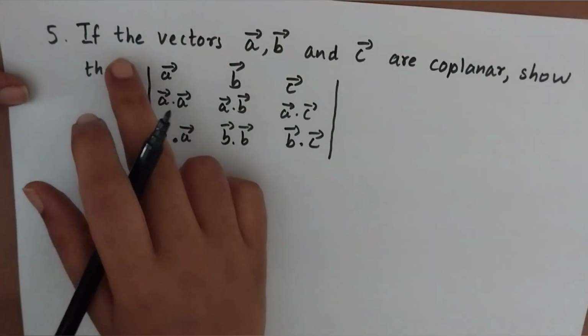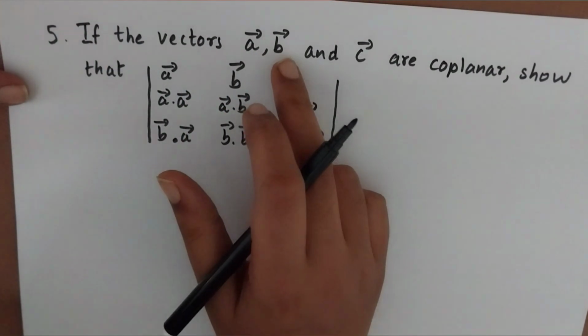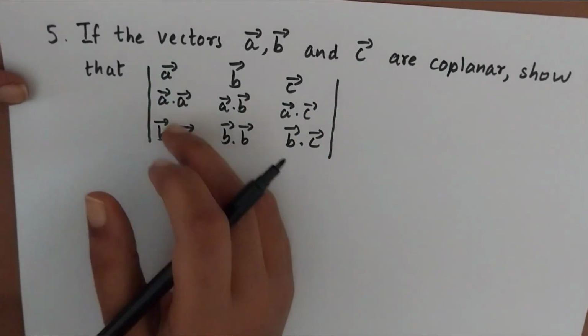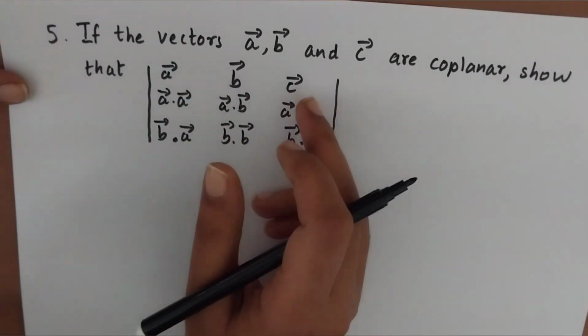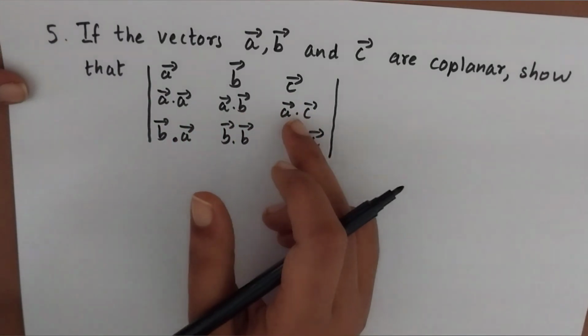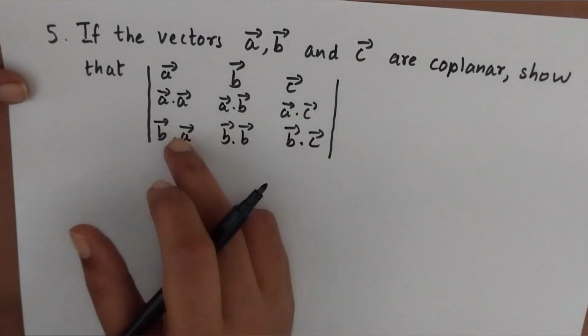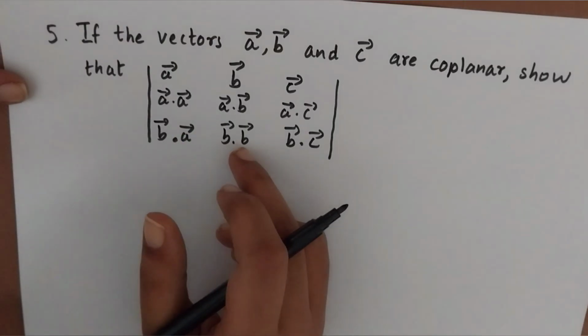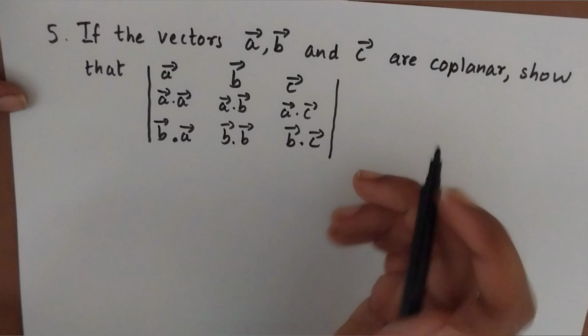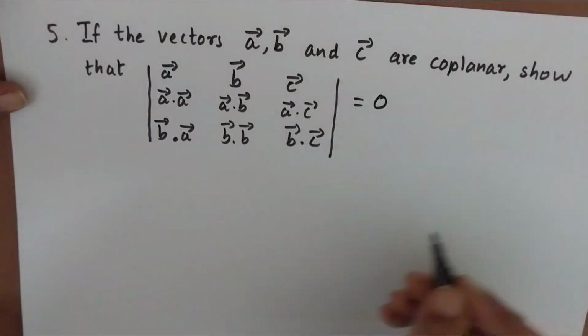Our fifth question is, if the vectors vector A, vector B and vector C are coplanar, show that the determinant with rows vector A, vector B, vector C, vector A dot vector A, vector A dot vector B, vector A dot vector C, vector B dot vector A, vector B dot vector B, vector B dot vector C is equal to 0.